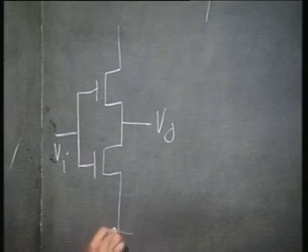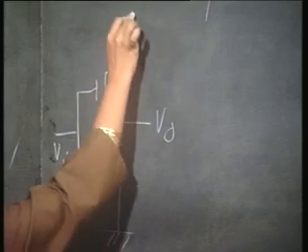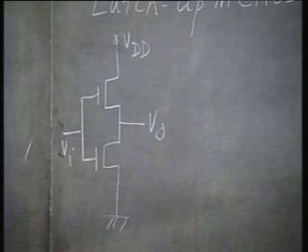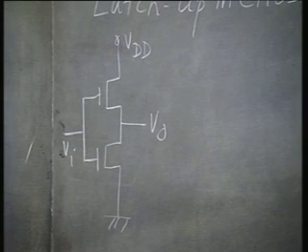This is grounded, this is VDD. This is the basic CMOS inverter. The top one is the P channel device, the bottom one is the N channel device. You use the P channel device as the load, the N channel device as the driver. So, this is your basic CMOS inverter.